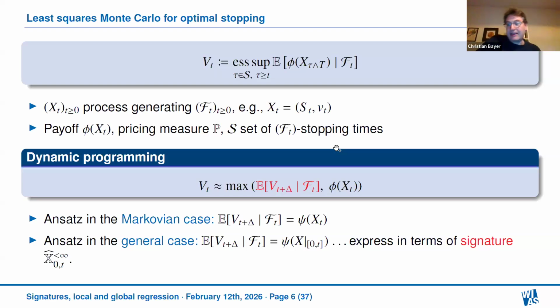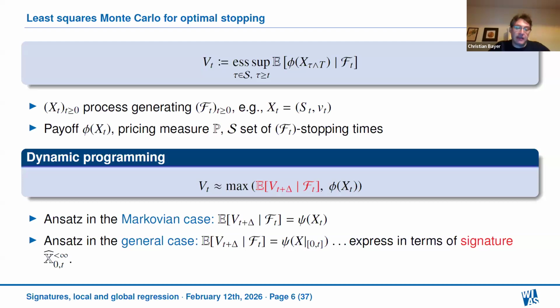At any point in time t, we have 2 choices. We can exercise; if we exercise, we get the value phi of X_t. If we continue, and the next exercise opportunity is at time t plus delta, then what we would get is the conditional expectation of the value at time t plus delta, given the current information.